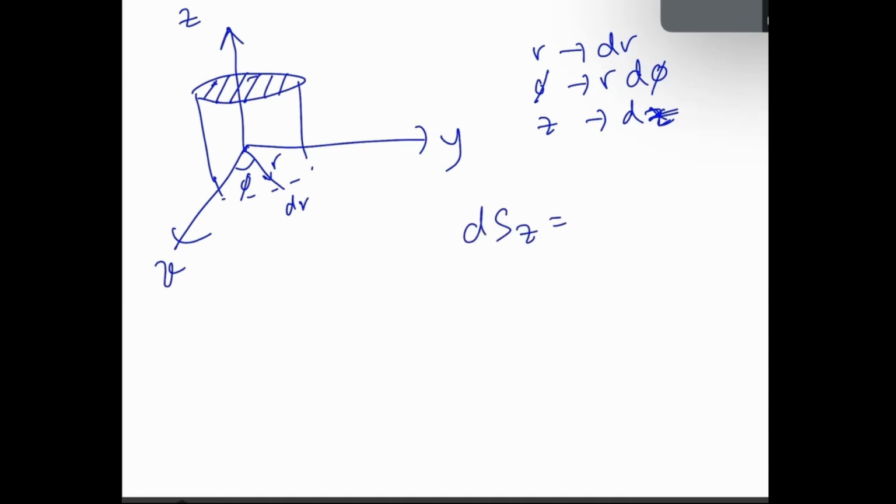The surface for z is equal to r, and also we have phi, r and phi.